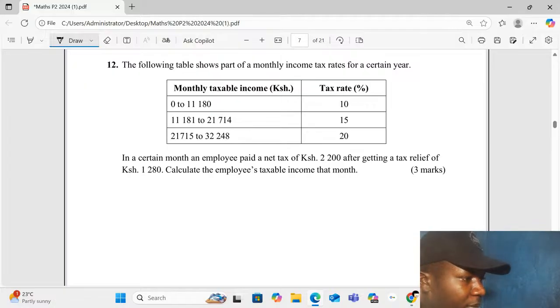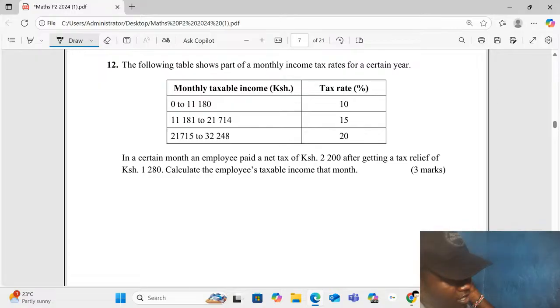So in a certain month, an employee paid a net tax of 2,200 after getting a tax relief of 1,280. Now calculate the employee's taxable income that month. So you are given the tax relief and the net tax paid by the employee, and they're asking you to calculate the employee's taxable income that month.